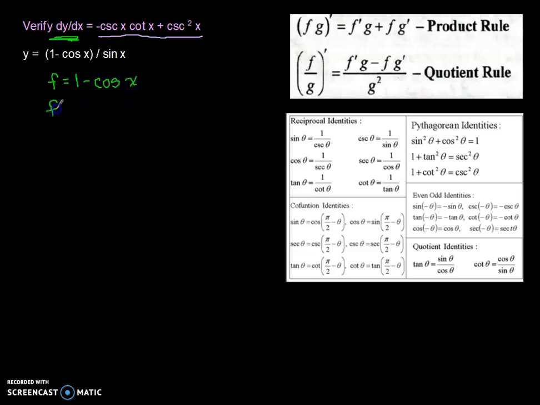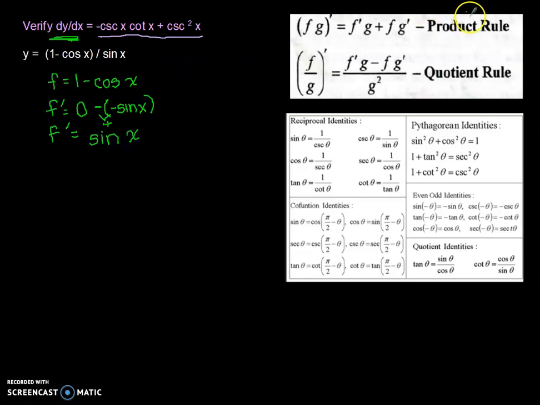If I take the derivative of that to get it ready for the quotient rule, the derivative of 1 is 0, minus the derivative of cosine of x, which is negative sine of x. Cleaning this up, 0 minus negative sine x is 0 plus sine of x, which is just sine of x.